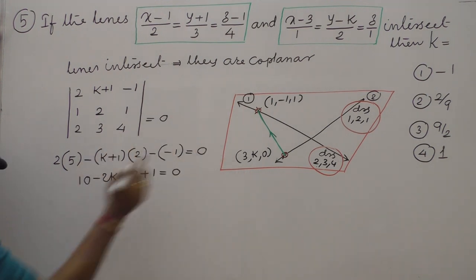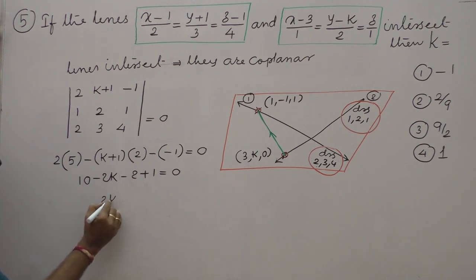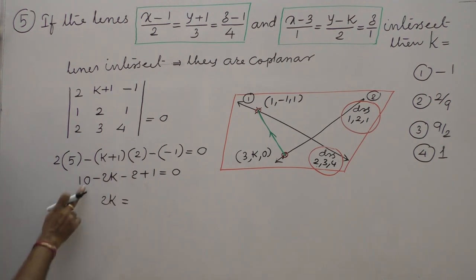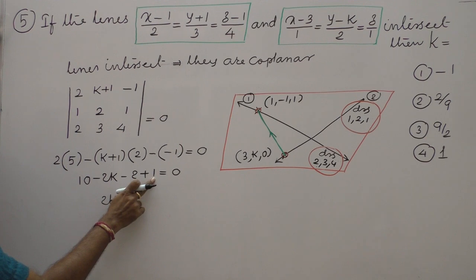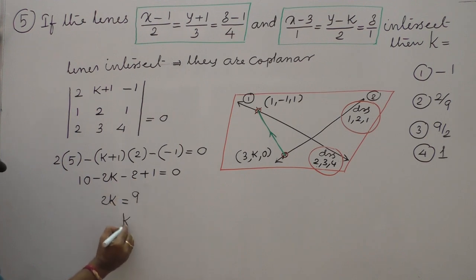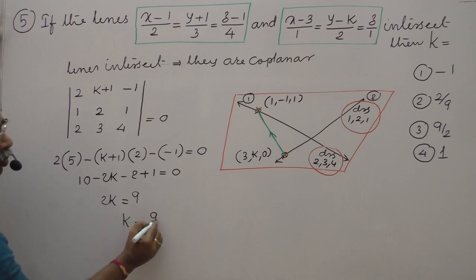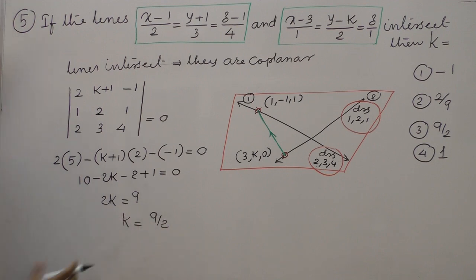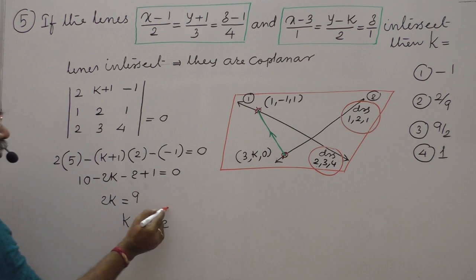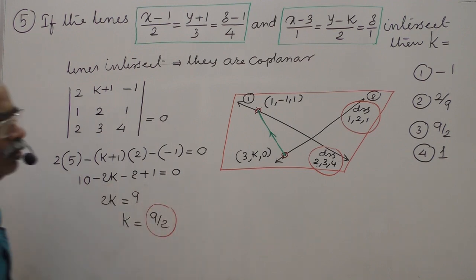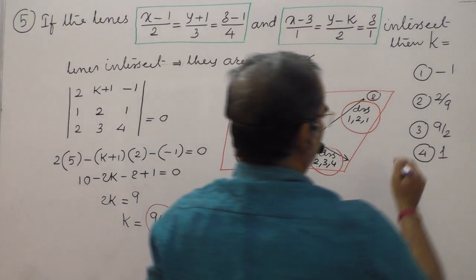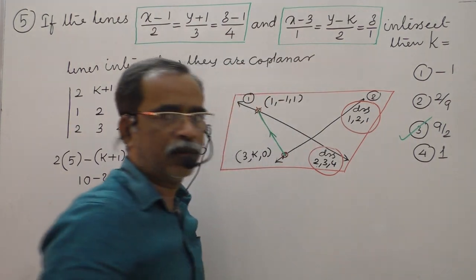I will write 2k on the other side, it becomes plus. On the left side 10 plus 1 is 11, 11 minus 2 is 9. This implies the k value is 9 by 2. Therefore the asked k value is 9 by 2. Therefore the answer is the third option.